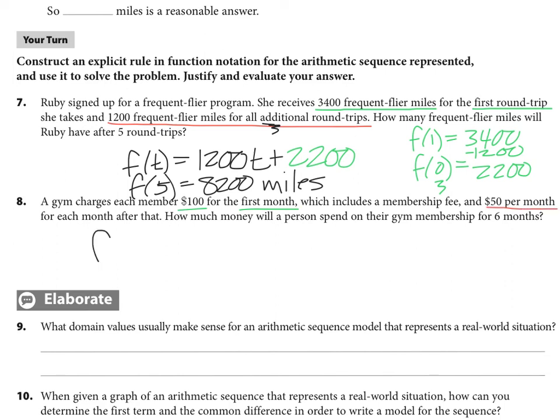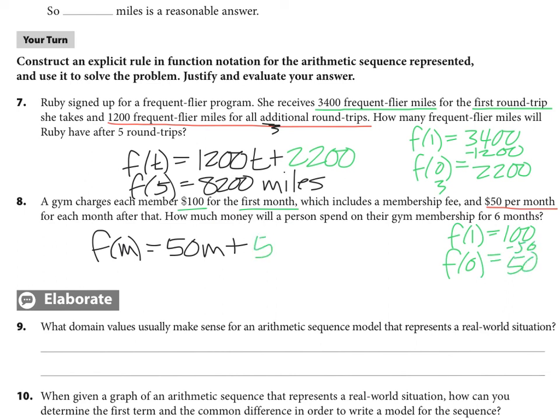So f of m for month is $50, and it's positive because it's charging, it's adding, m plus, now I need the 0 term. So how do I get that? Well, if f of 1 is 100, then f of 0, I've got to subtract 50 from that. So if I do that, that puts me at 50.